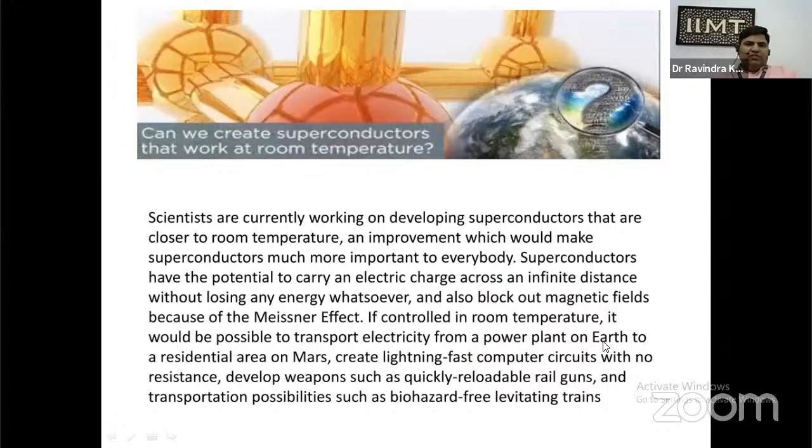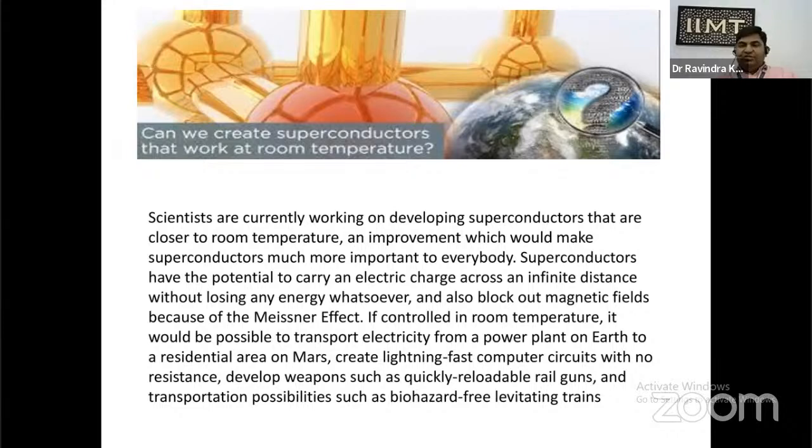Now, can we create superconductors that work at room temperature? Nowadays people are working on superconductors, and in future we will get superconductors which can work at room temperature. Scientists are currently working on developing superconductors that are closer to room temperature.